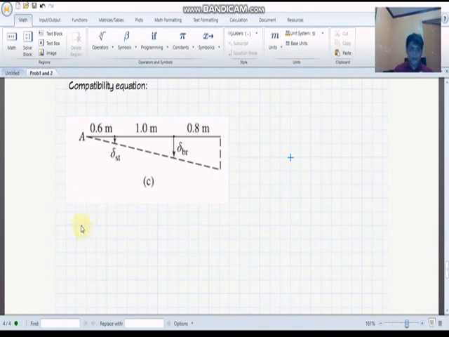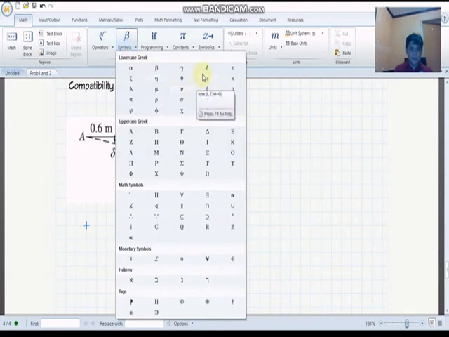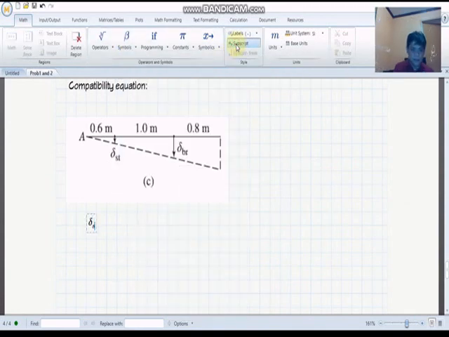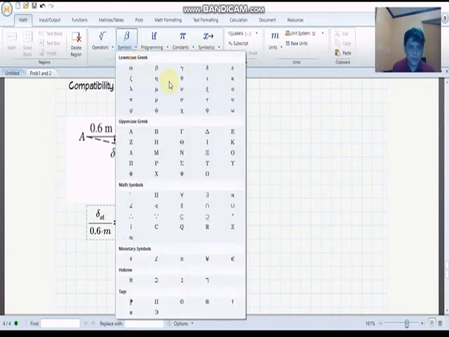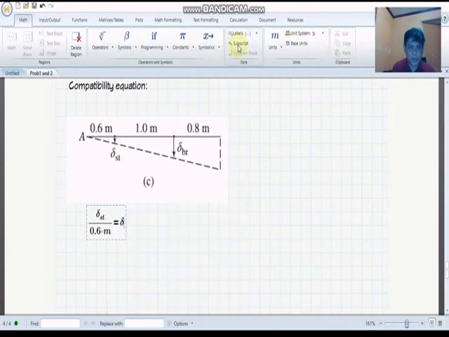So now the deformation in the steel over 0.6 meters equals the deformation in the bronze rod over 1.6 meters.